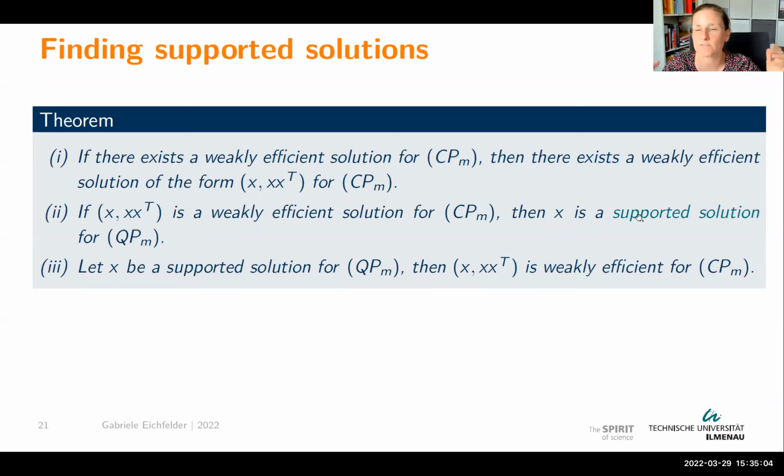So what we could have done from the very beginning is take our multi-objective problem and make a boring weighted sum approach. Boring because we should not do it in the non-convex case, and it's simple. Of course, we can make a weighted sum anyway, and then we use all the results from single objective optimization. So we are not finding anything new. We would only find what we get by a weighted sum anyway.